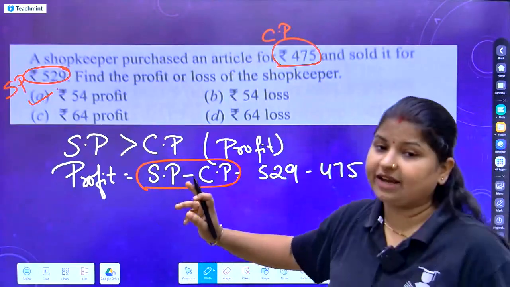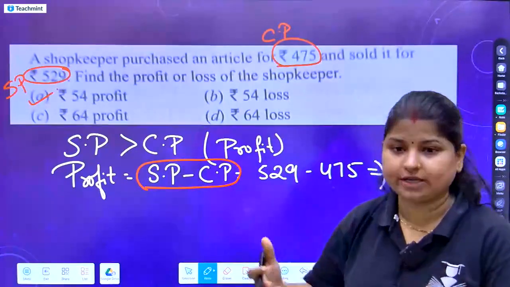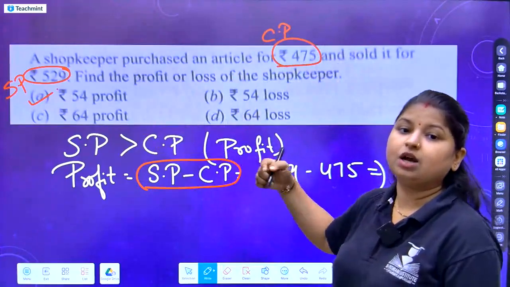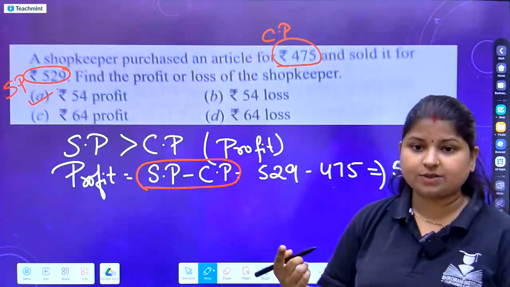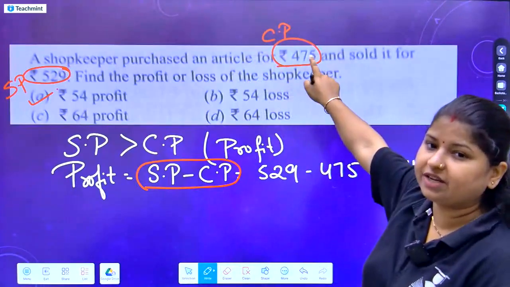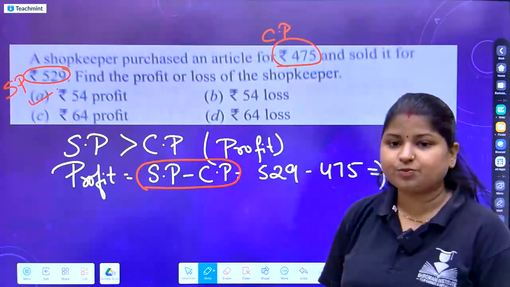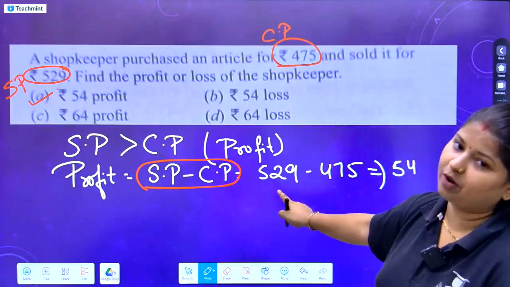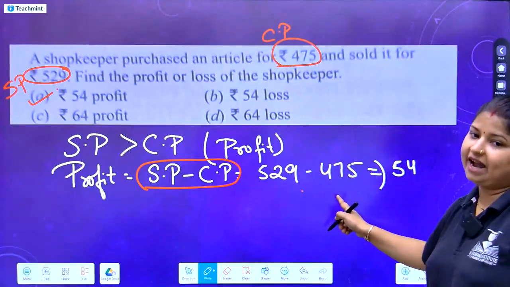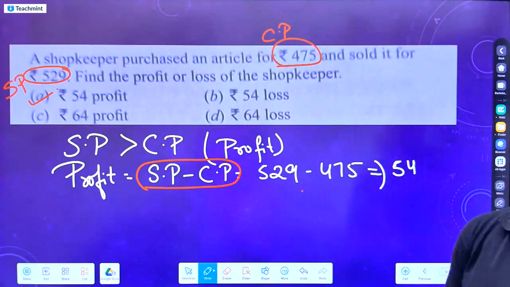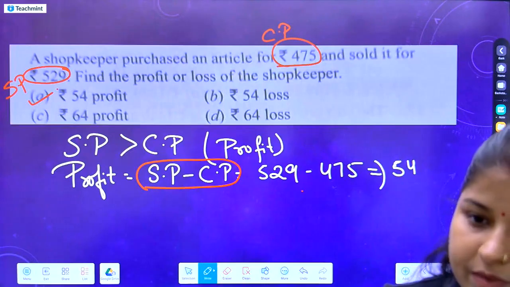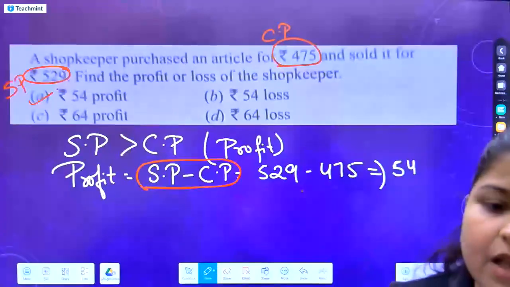The price at which I have sold it, 529, is my selling price. The purchasing price is the cost price. So purchased for 475, that is my cost price. Selling price minus cost price will be the profit. 529 minus 475 is the profit, that is 54. Okay? Yes, ma'am, I understood.